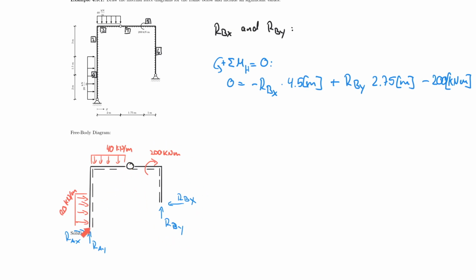So what will I do next now? I will actually take the sum of the moments about this point here, pretty much about the support A, and include all of it in my equation. So let's set up the second equation. The sum of the moments about A is equal to 0, counterclockwise positive. And now 0 is equal to, and I'll start with my same unknowns, RBX. Now it's important to be careful.